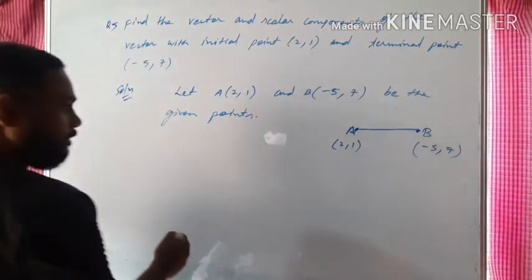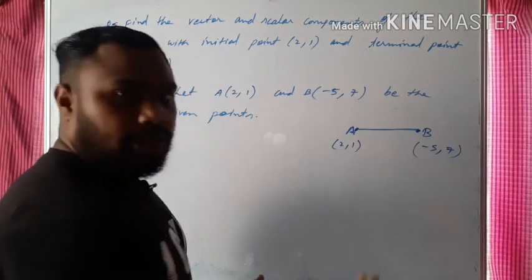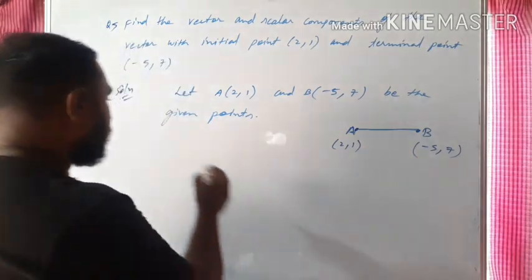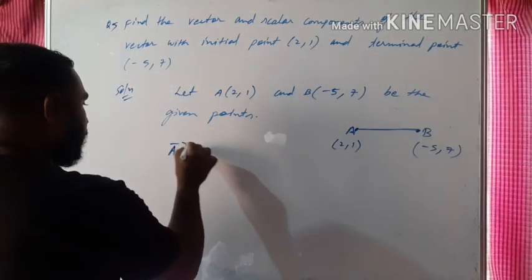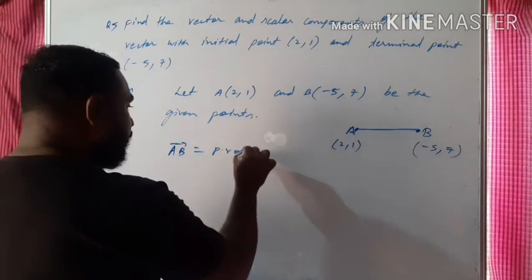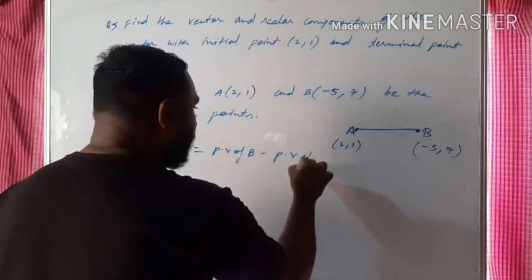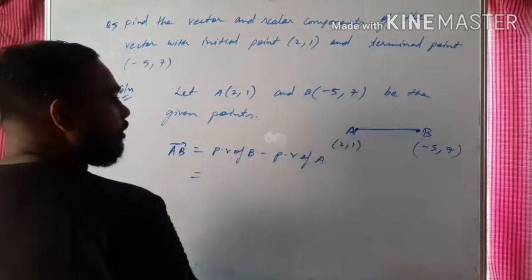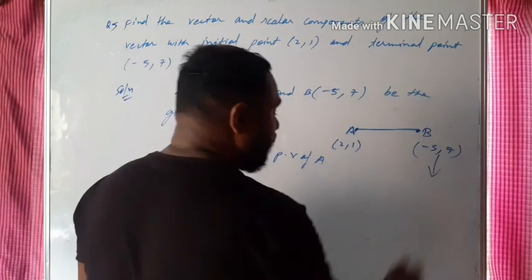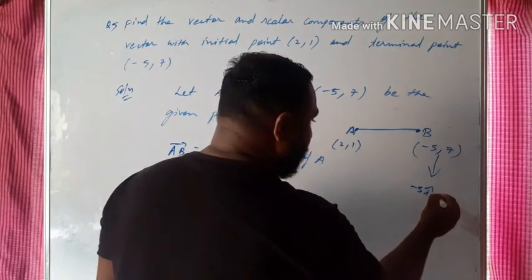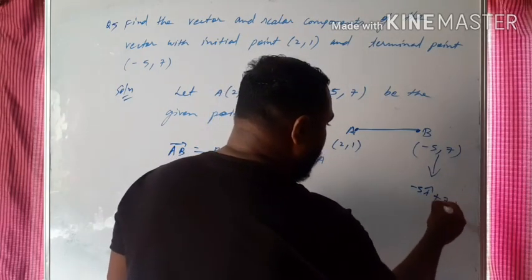By taking 2 points, we know how to find the vector. So the AB vector is nothing but, we have the formula, position vector of B minus position vector of A, isn't it? So what is the position vector of B? Any point, if it is given, you can write the position vector by including i, j like this and adding them.